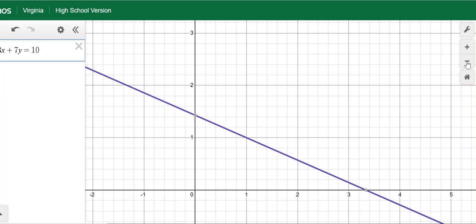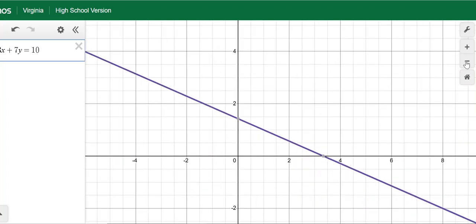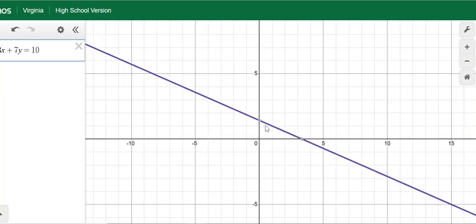So if you want to calculate the slope, just go ahead and zoom out. Make sure to get the 5s in here and then find 2 points. So for example, this point right here and this point here. So I can do negative 1, 2, 3 over 1, 2, 3, 4, 5, 6, 7.